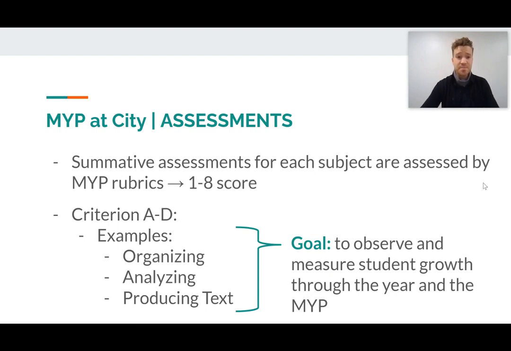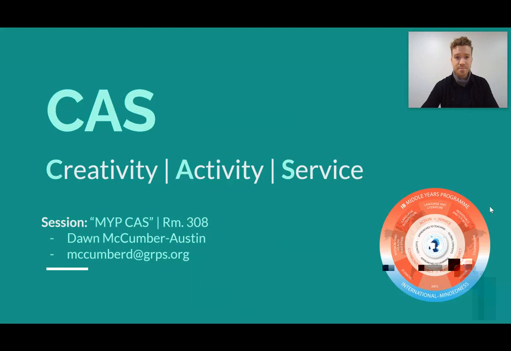So for example, criterions A through D. Some of those criterions are going to have you focusing on the organizational component of this assessment, or your analyzing ability, or how you're producing a certain text. Each class type, content type, is going to have different criterion, which is appropriate to the curriculum of the class. Now, the goal of this is so that you can look back over your 7th through 10th grades, your 4 years in MYP, and see how you've grown in these actual individual skills through the time that you've been here.